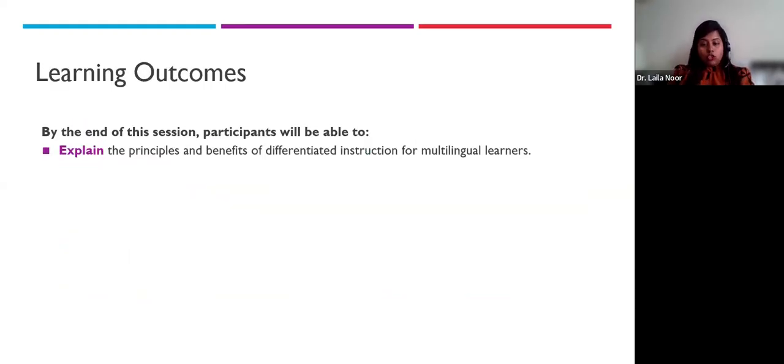After this workshop, here are the learning outcomes of what the teachers will learn. They will be able to explain the principles and benefits of differentiated instruction for multilingual learners. They will learn what the principles are and what the positive outcomes are if they apply differentiated learning in a multilingual learners and diverse classroom setting.